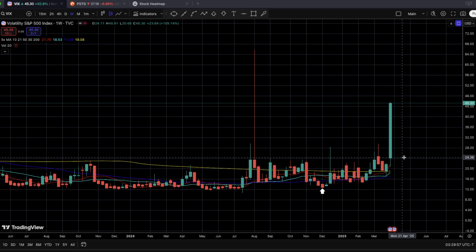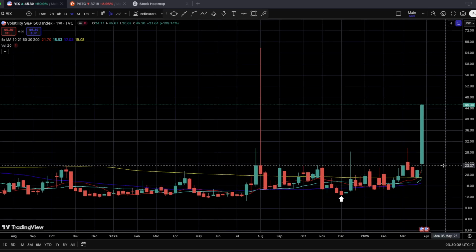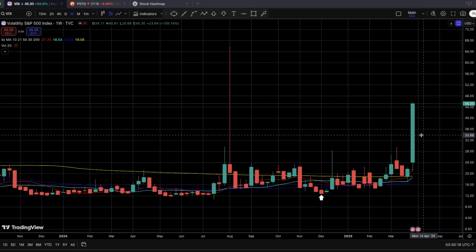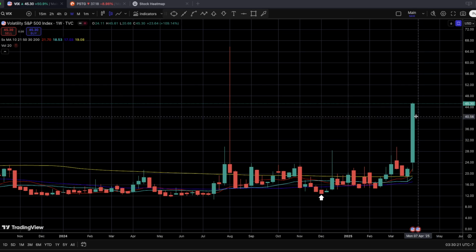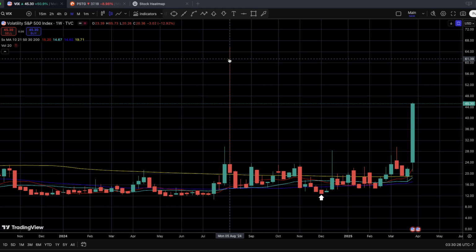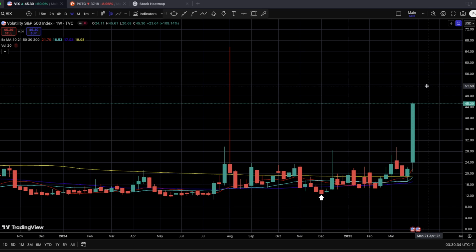That usually leads into increased selling and increased velocity of that same type of selling, which will automatically contribute to the market vol having a massive move up like this. Now, you must have seen a lot of social media posts about the VIX, about how it has a lot more room to the upside, that it's most likely going to retest the highs of August of last year, or that it's going to hit 50 first before it moves down. Okay, so we don't know what's going to happen next.